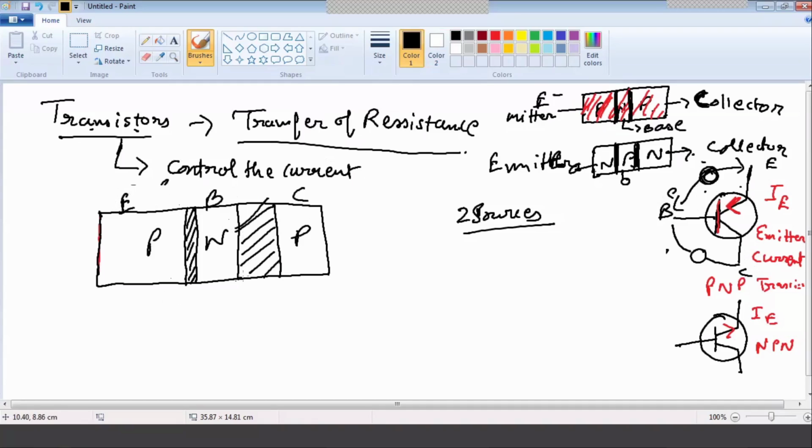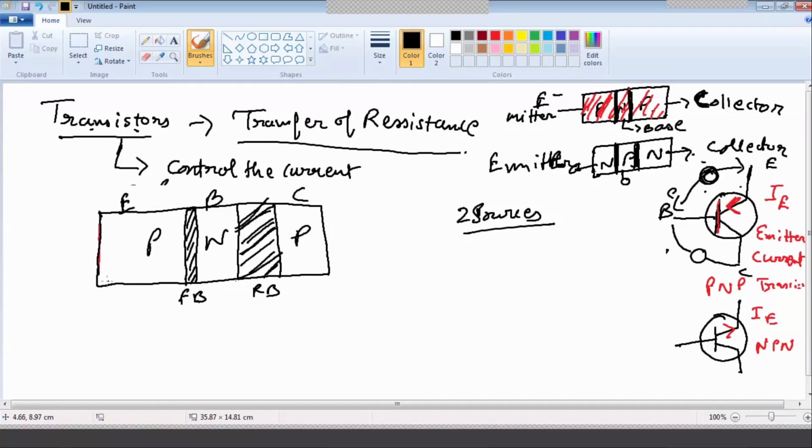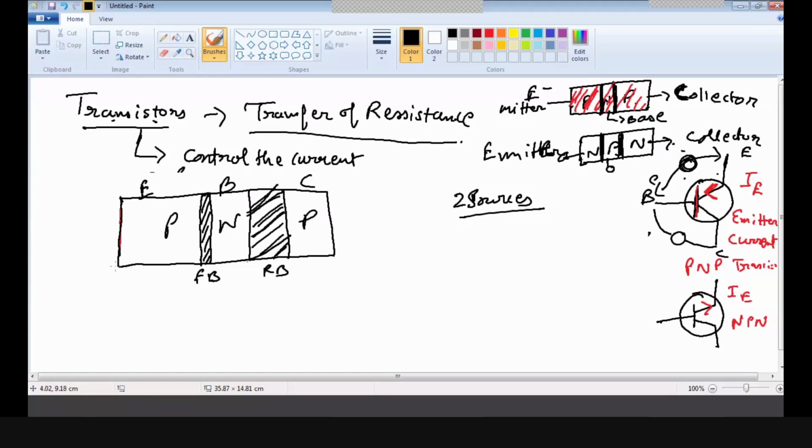So the depletion layer width is more here, because this junction will be forward biased and this one will be reverse biased, right? Any doubt in this? Any doubt, students?